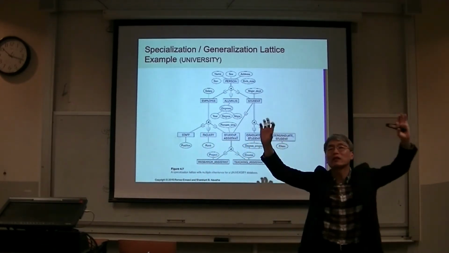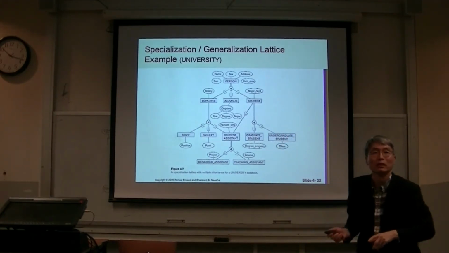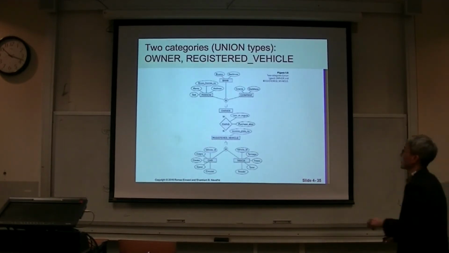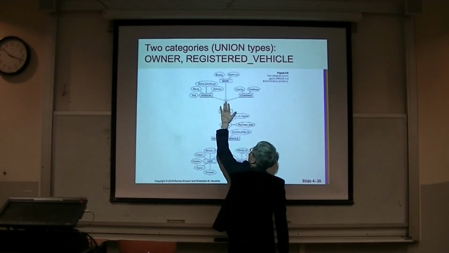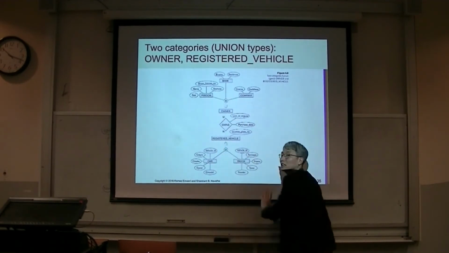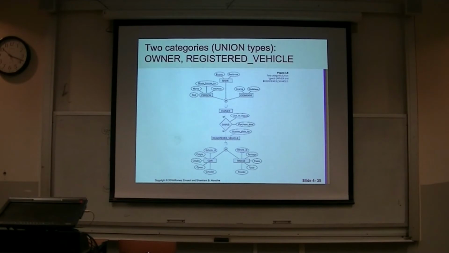It's one inheritance but multiple entities for the superclass. For example, this one. This is a subclass. So this is a superclass and inherits to the subclass, but 1, 2, 3 entities are like, I'm not sure, three different parents combined together. I'm not sure if that's possible biologically, but this one may be possible.